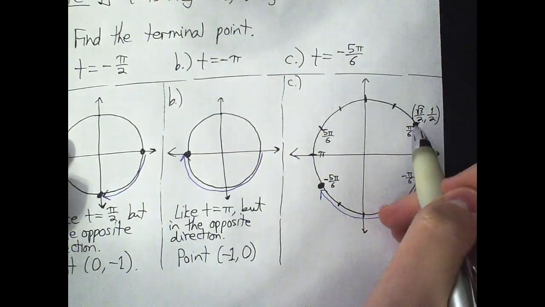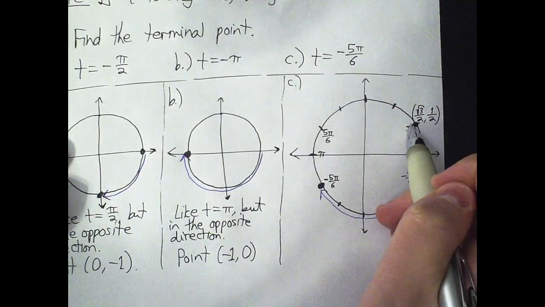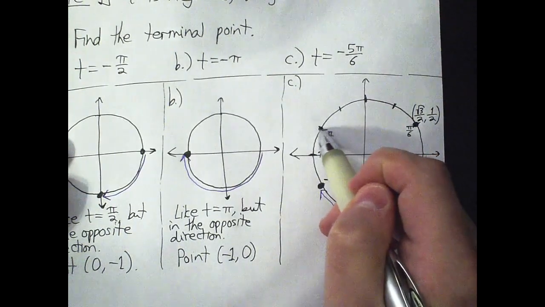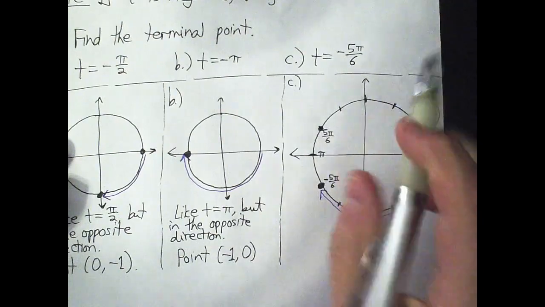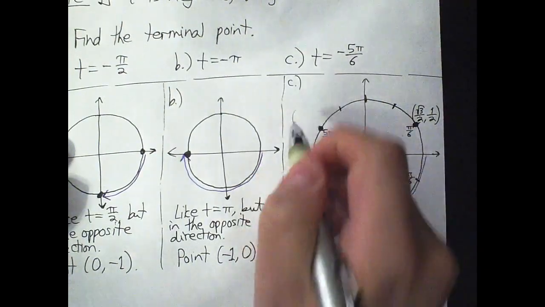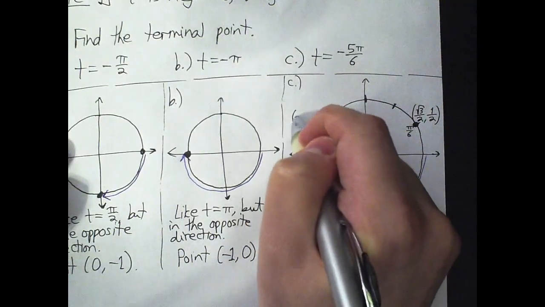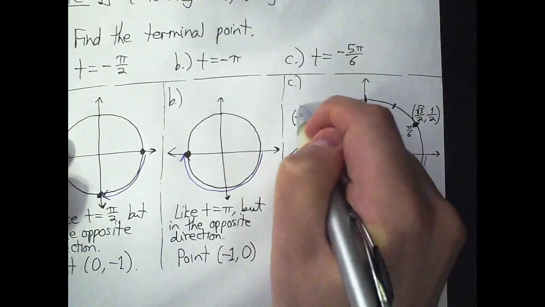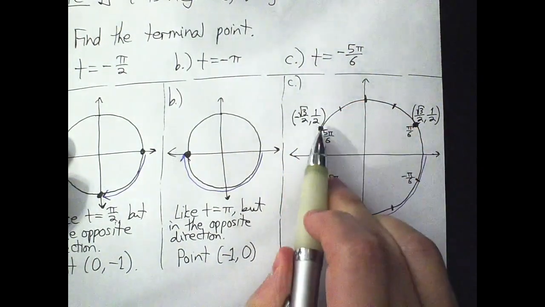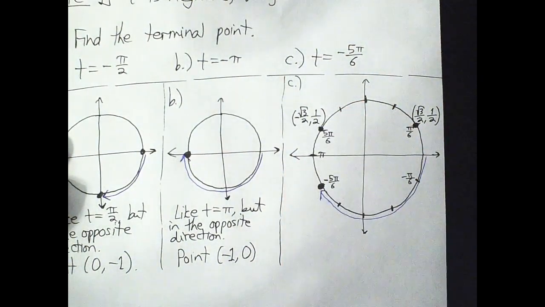For example, if I took this point and flipped across to this quadrant, can we figure out the coordinates of this point? If we flipped from this point to this point, wouldn't we just take the x-coordinate and put a minus in front of it? So it'd be minus square root of 3 over 2, comma, 1/2. So that would be the point going there.